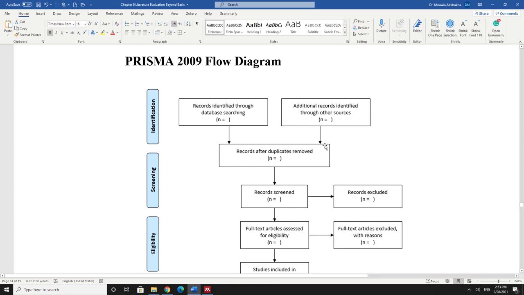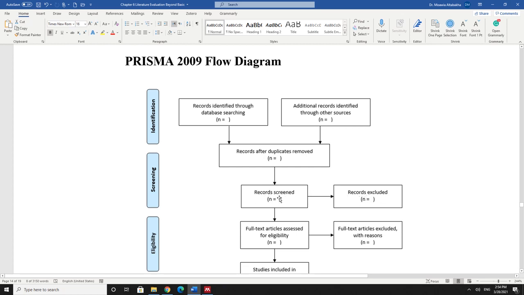When you remove these duplicates, you will end up with a number from these two resources. Now you will do the screening. Here the blinding happens, and you will only look at the methods in the abstract, what method they used.